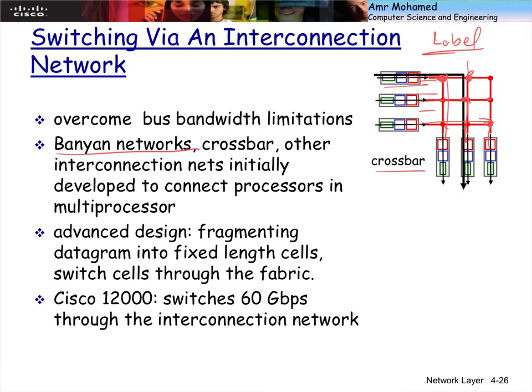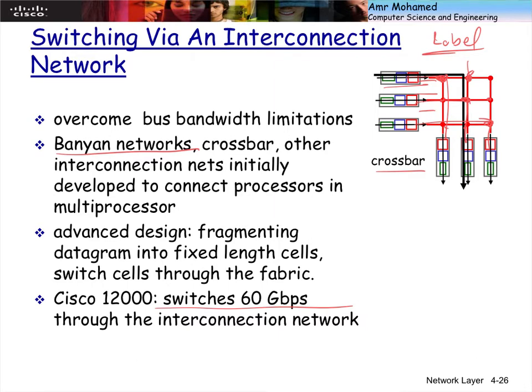So with banyan networks, the switching speed has been increased drastically, at least 2 times. And I can do that without, of course, I have to pay a cost, which is that the hardware architecture is much more sophisticated in that case. I have to build that banyan network in hardware.